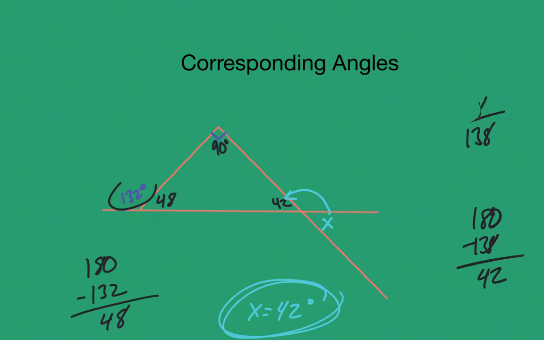Voila, I am done. I'm just pointing out here that it is increasingly likely in this instance that you needed multiple steps. So my first step was to use the supplementary angles. My second step was to use the angle sum of a triangle.